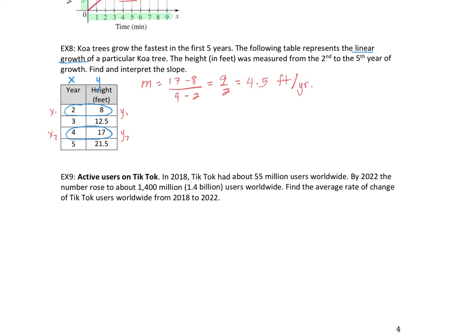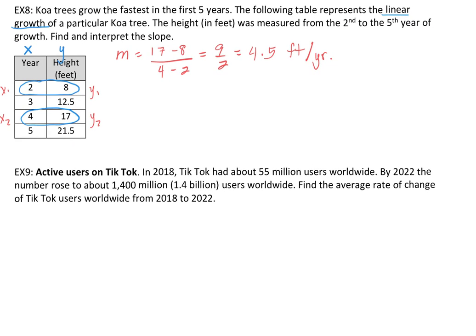If I were to describe this and interpret this slope, maybe the koa tree grows at an average rate of 4.5 feet per year.